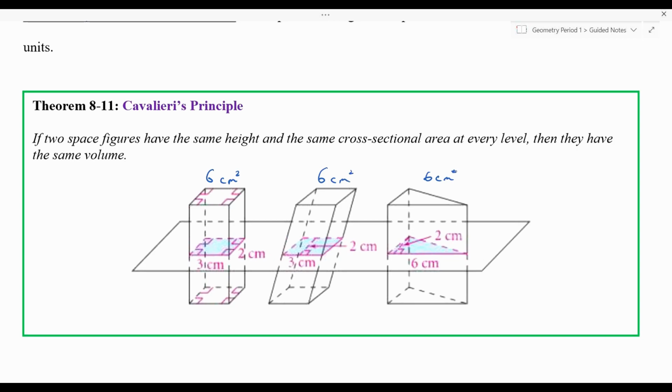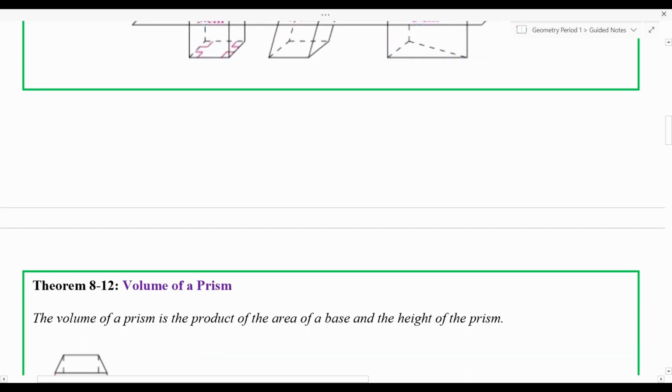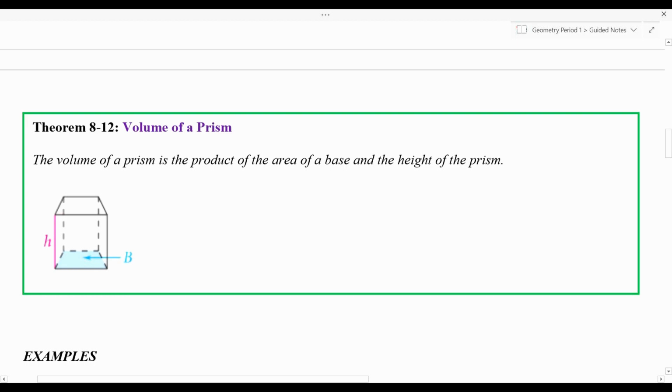We're going to be using this principle in this lesson, and we're going to be seeing our first theorem that applies to volume. Actually, that will be our second. This one is Theorem 8-12, the volume of a prism, and it states the volume of a prism is the product of the area of the base and the height of the prism.